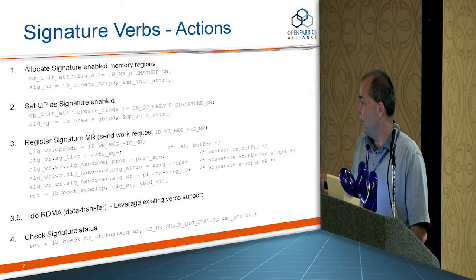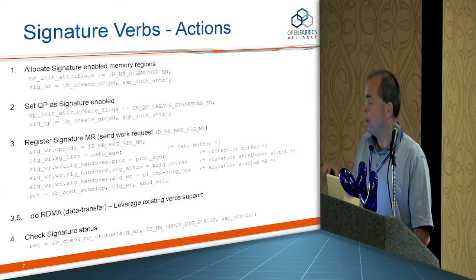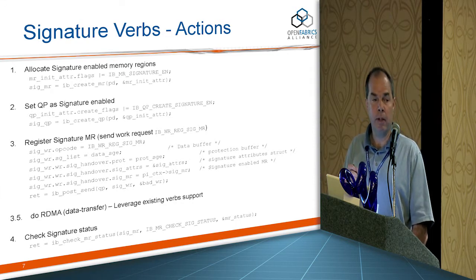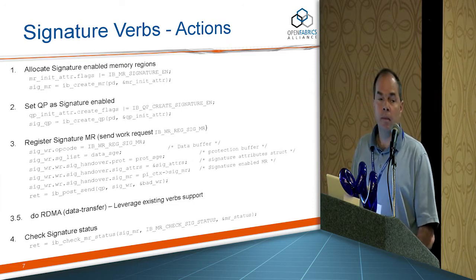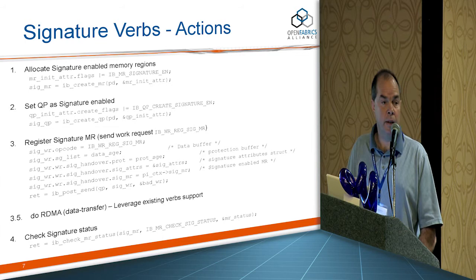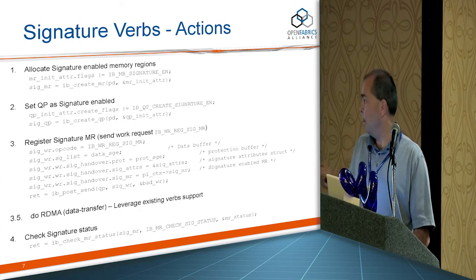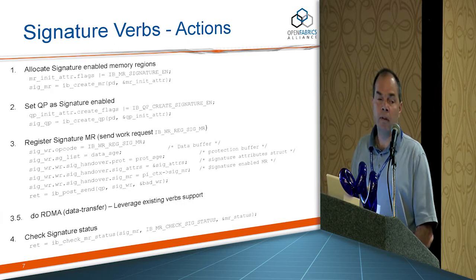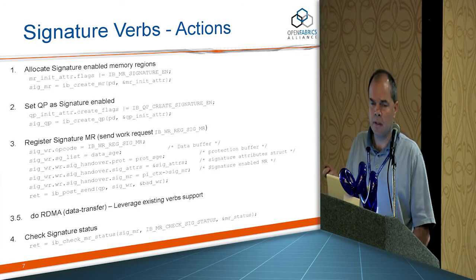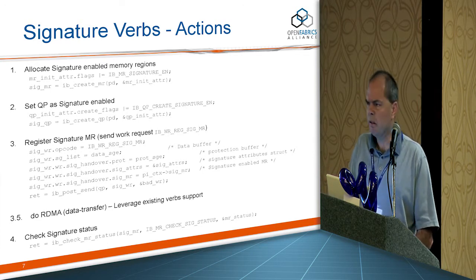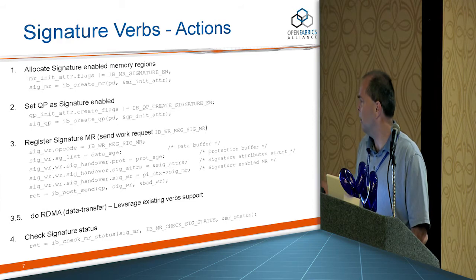When actually wanting to do memory protection operations, there's a need to register a new memory key that describes the sort of operations that will be done. This is user level. It's done through a send operation. It's a local operation, very fast. On our HCAs, for example, if I remember correctly, latency is around 0.3 of a microsecond or so to set this up.